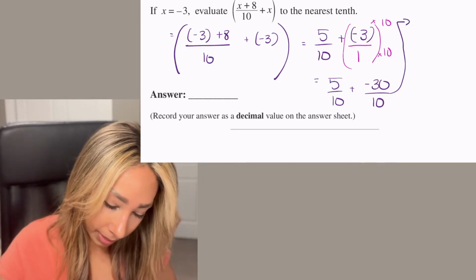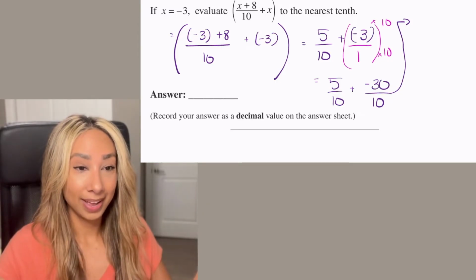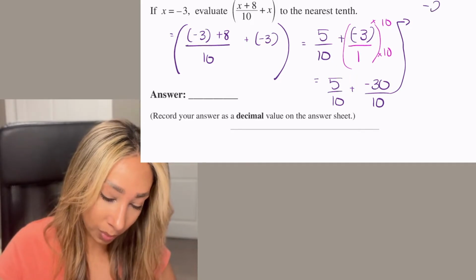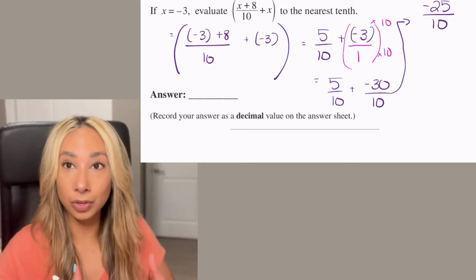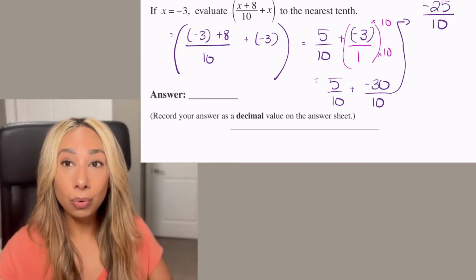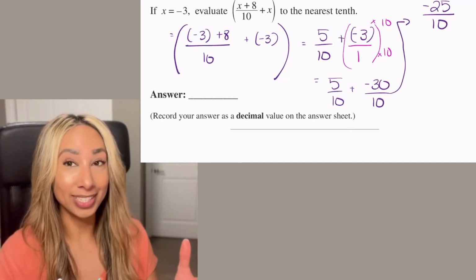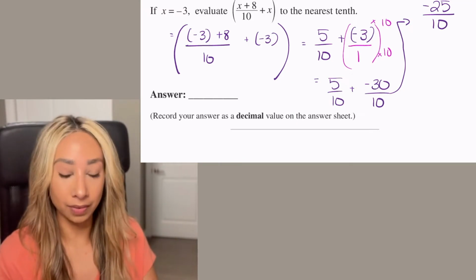Sorry, I'm going to write it up here. So I've got -5 plus +5, so I've got more negatives. That means my answer is going to be -25/10. Now remember, if that was a little tricky, what I said with those integers, you have all the space and you can write all over your test. So if you need to draw the algebra tiles, go ahead and cancel your positives and negatives out.